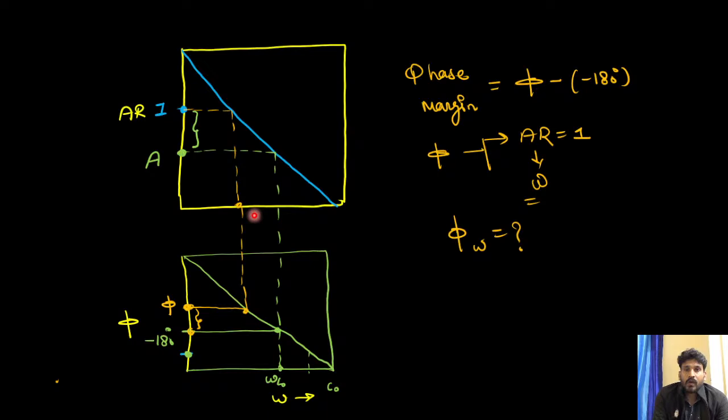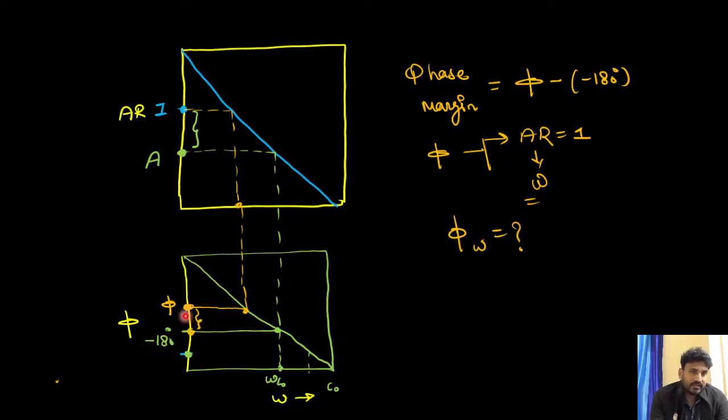Now I will calculate the phase margin. How to calculate it? If you are interested in calculating the phase margin, start from AR. Put AR equal to 1, and at AR equal to 1, calculate the value of phi.